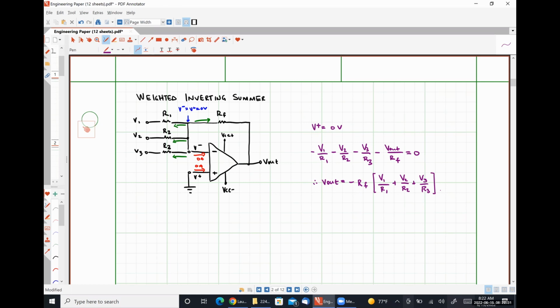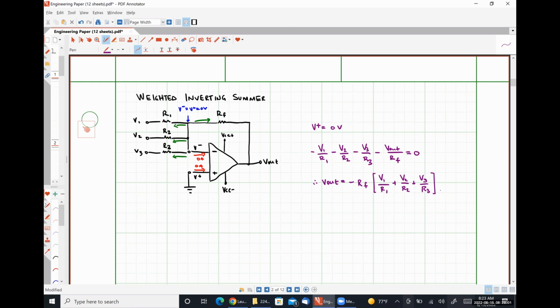And it's a weighted inverting summer because each of the input signals, V1, V2, and V3, gets scaled by a different amount depending on the values of RF and then R1, R2, and R3. Okay, so each input signal gets scaled by a different amount, and that scaling factor is determined by the ratio of RF over the resistor associated with that input signal.